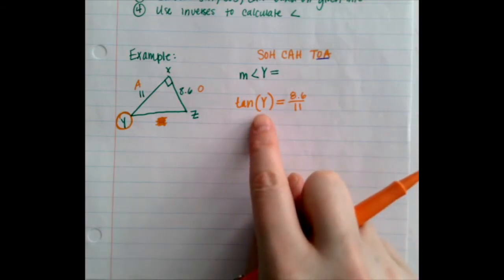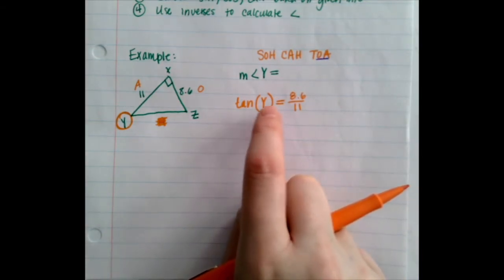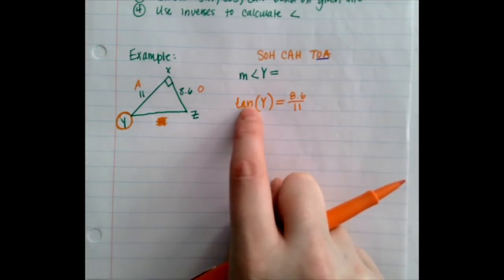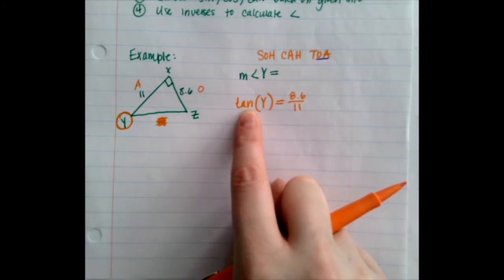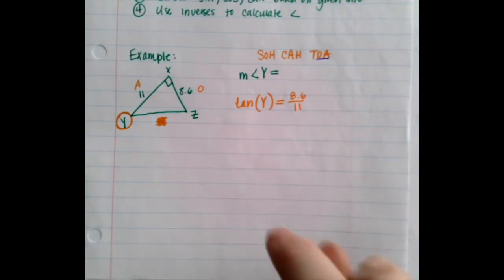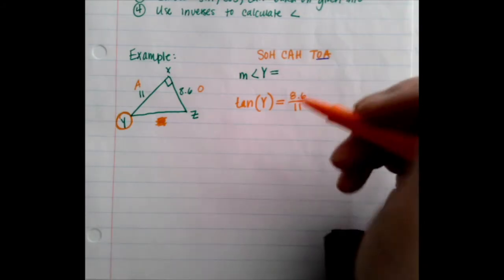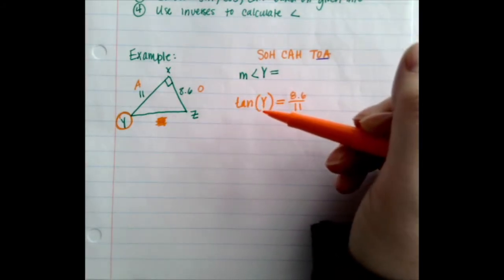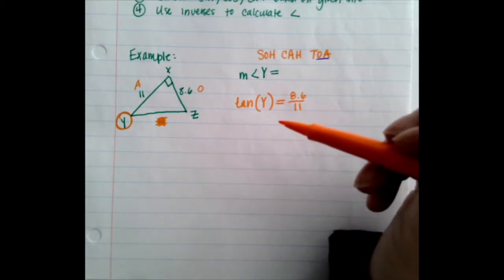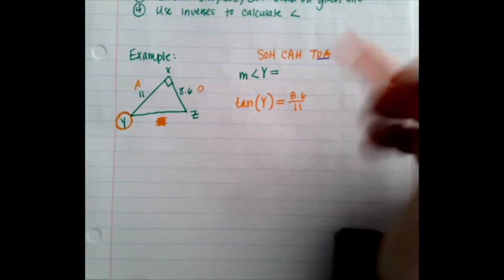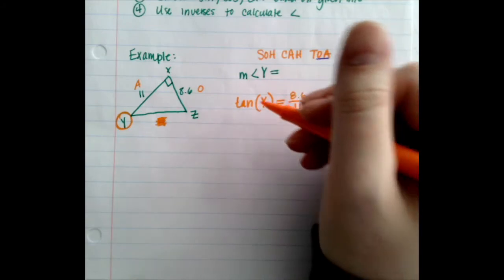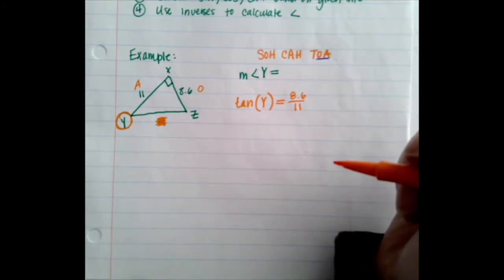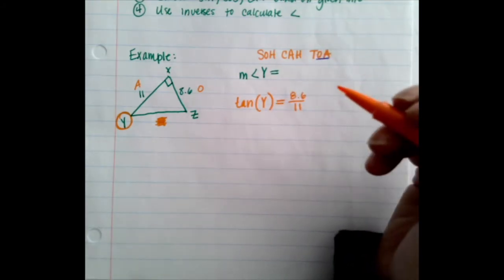Now, if I want to find the measure of y, I need to get rid of this tangent part, and we want to do the inverse on both sides. Just like if this was 3y, the inverse of multiplication is division, so you would divide both sides. Now the inverse is tangent inverse, and you're going to do the tangent inverse of both sides.